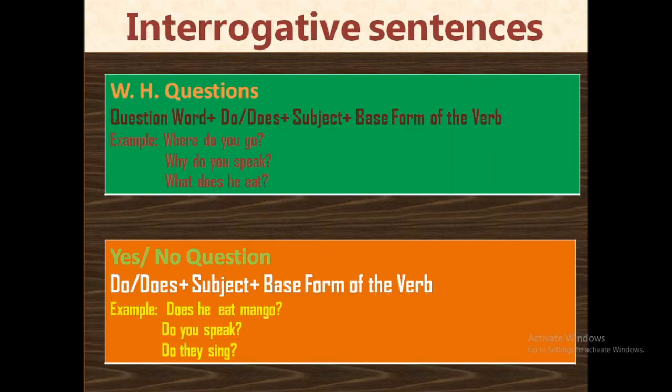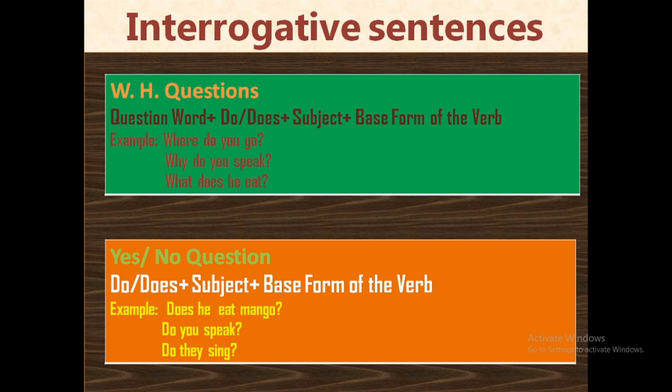Now we come to the interrogative sentence. What would be the structure of the simple present tense in interrogative sentences? Interrogative sentences can be classified into two, WH questions and yes or no questions. In WH questions, the structure of the simple present tense is like this.